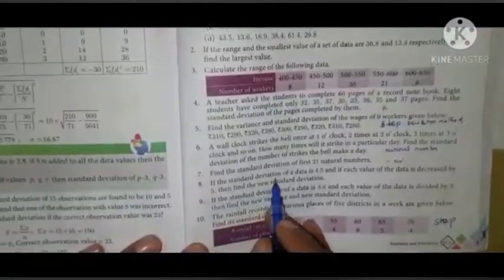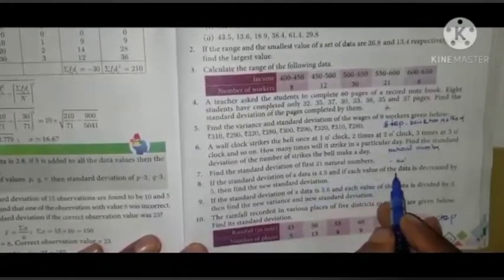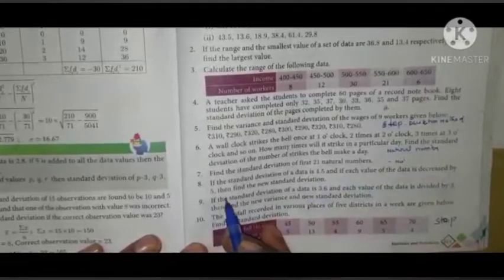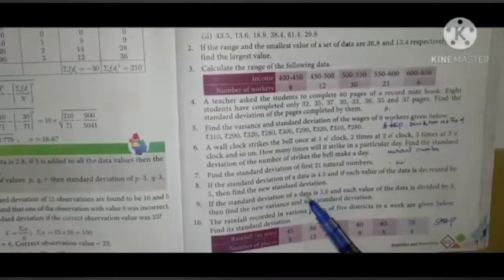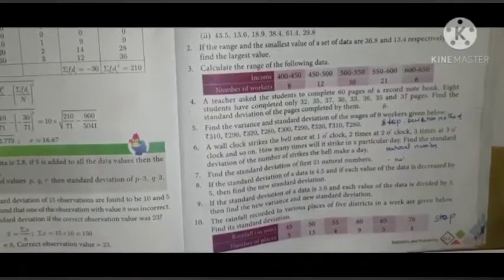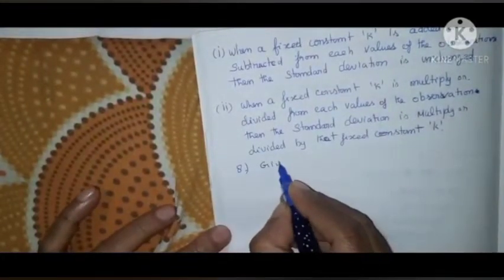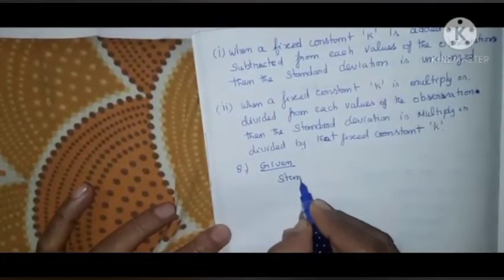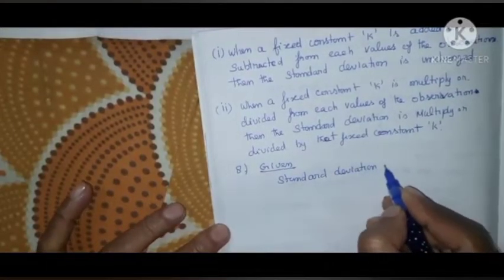If the standard deviation of a data is 4.5 and each value of the data is decreased by 5, then find the new standard deviation. Given standard deviation 4.5.